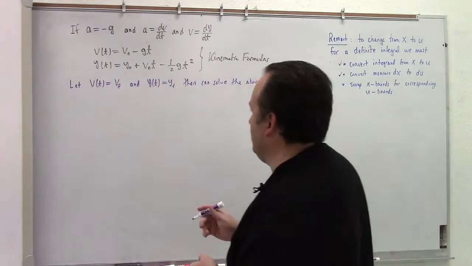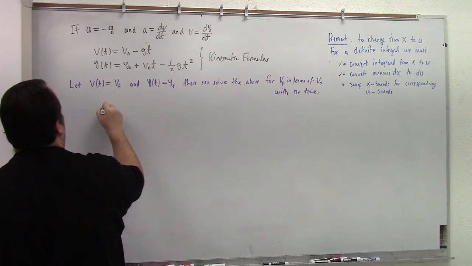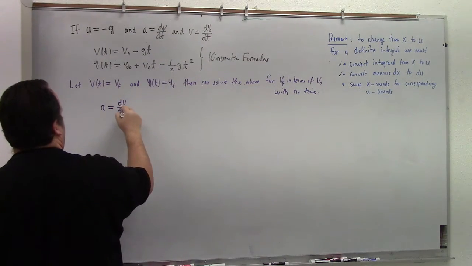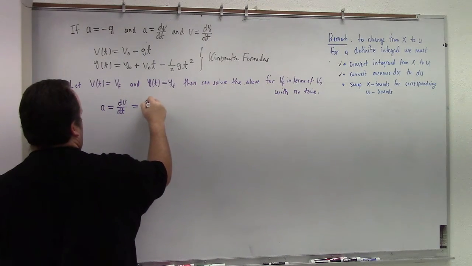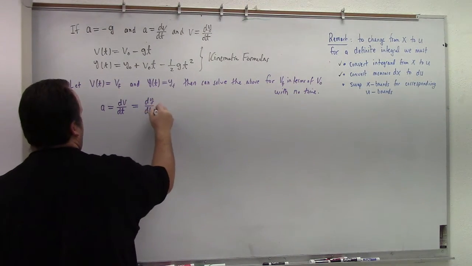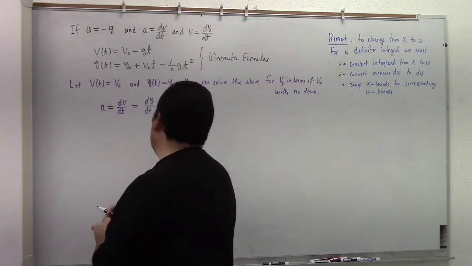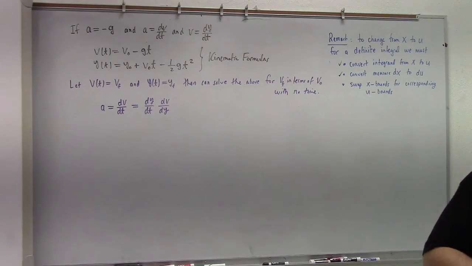So check this out. So we have, a is dv dt, right? But we could rewrite that as dy dt times dv dy. So here I'm using a kind of sneaky trick of multiplying and dividing by dy.